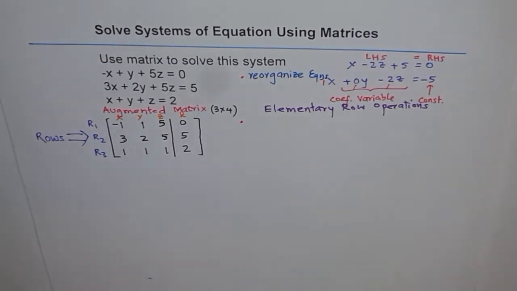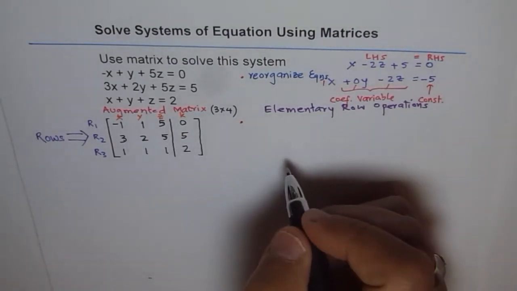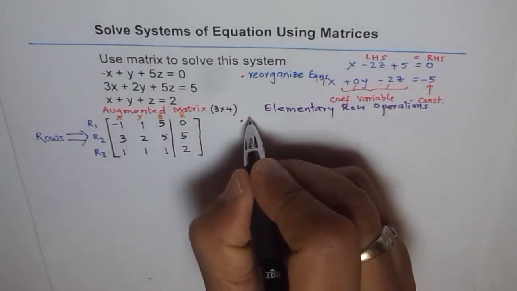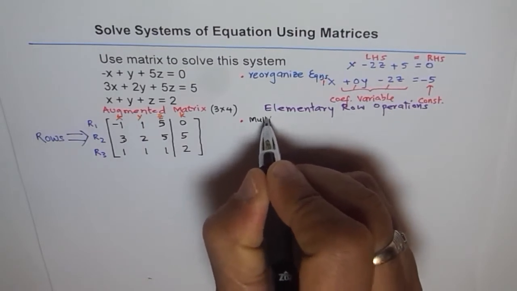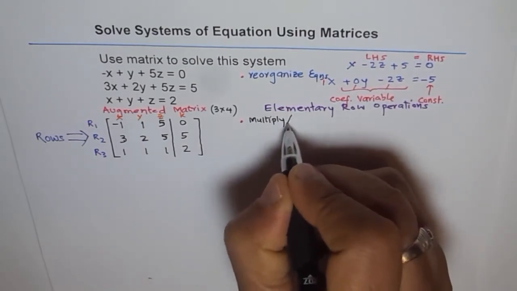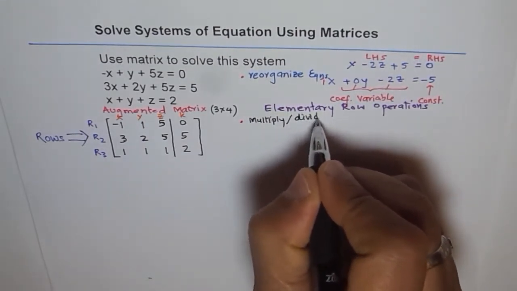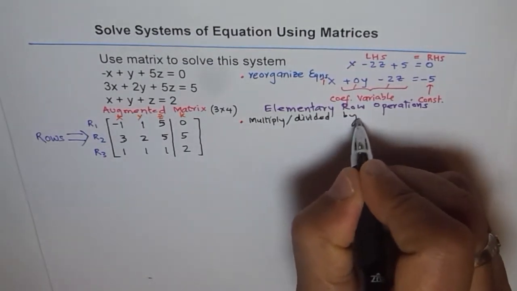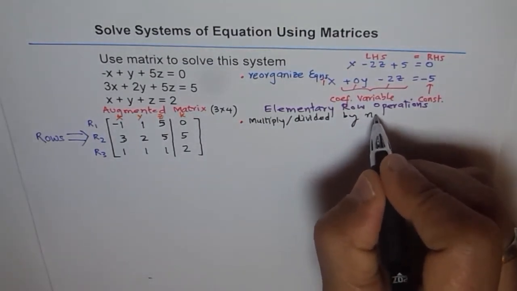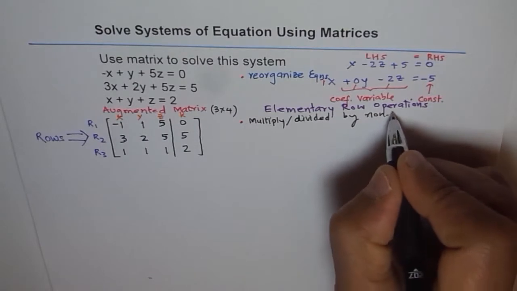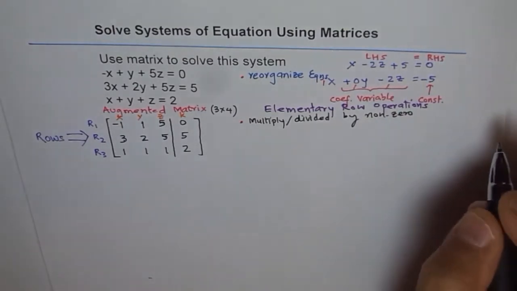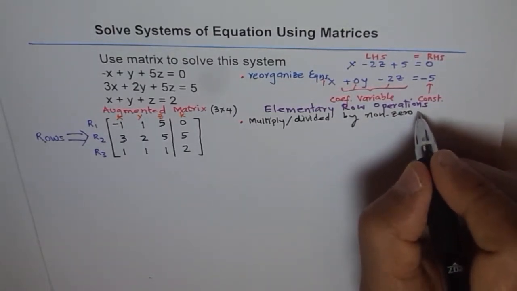So first thing what we can do is we can always multiply or divide any row by a constant term. So what we can do is we can multiply or divide by non-zero, I should write here, very important, non-zero integers, you can say, right?